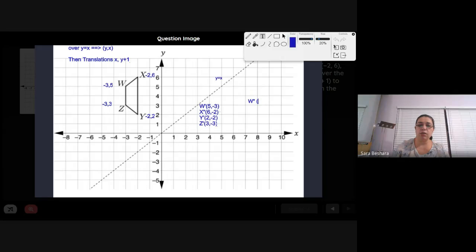No change in the x, but the y was translated 1 unit up. So 5 here will remain 5, but we will add 1 to the -3, so we get -2. All right, and then we do X double prime. Again, I remind you, when you're doing a double prime, we're transforming the prime. So I get W double prime equal to (5, -2).